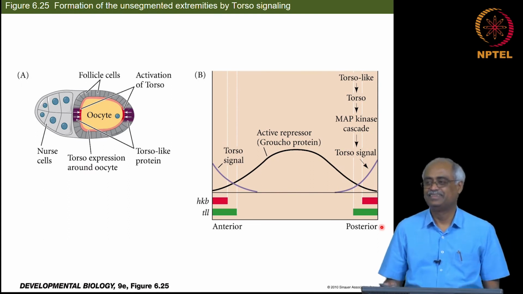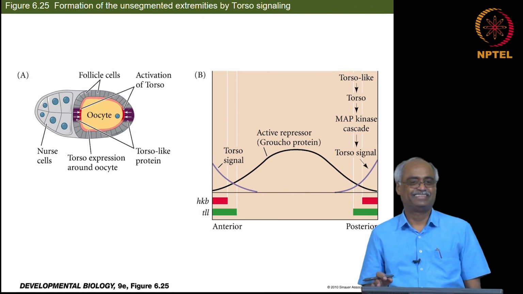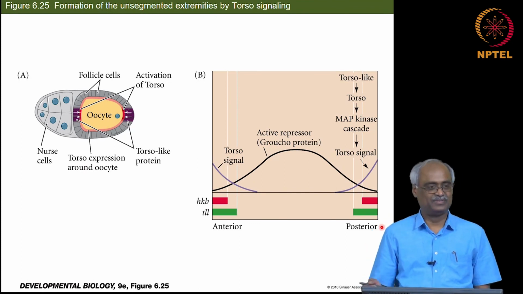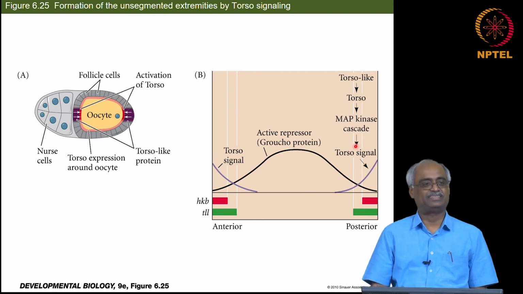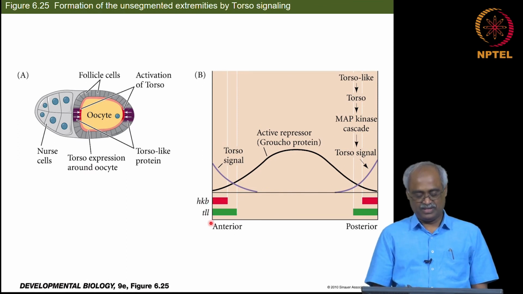Very interesting consequences of these asymmetries, right. So you are seeing an actual example of a MAP kinase pathway here in development. That is how the same genes, Huckebein and Tailless, are produced by the same gradient.